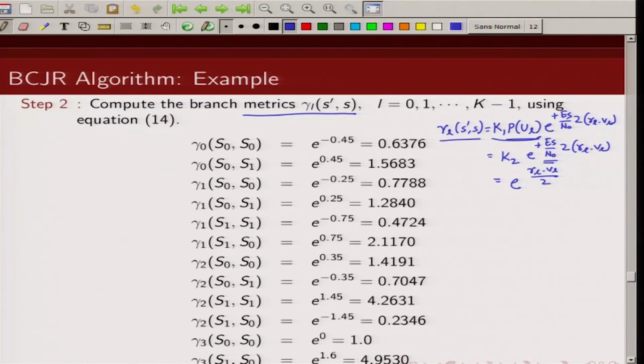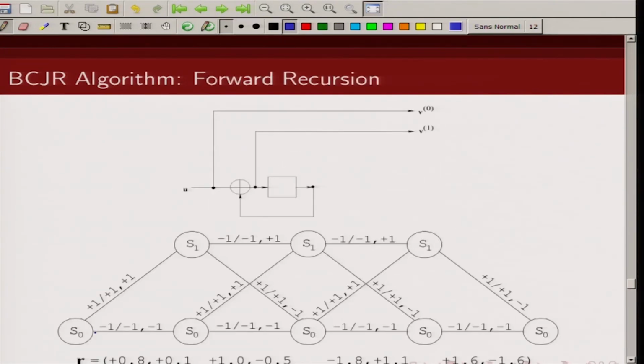Now, how do we compute RL dot VL? Let us take an example. Let us take this gamma at time t equal to 0 when the initial state is S0 and final state is S0. So, what is this? This corresponds to the branch metric for this path. Now, what is RL, the received sequence corresponding to this trellis section? It is plus 0.8 and plus 0.1.